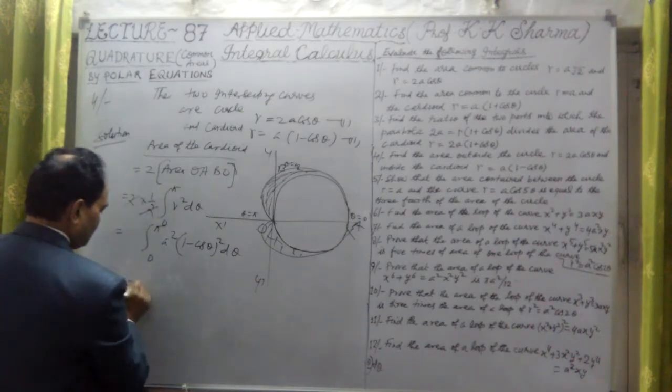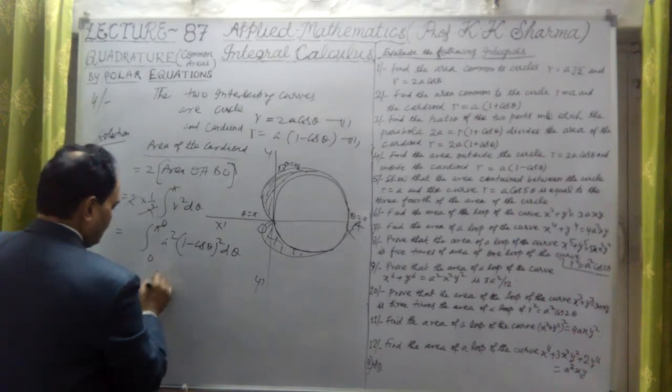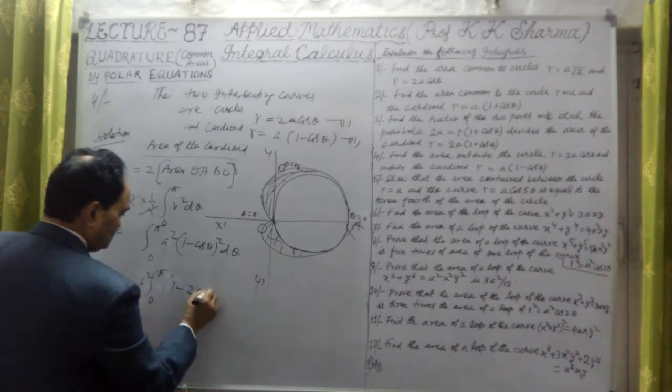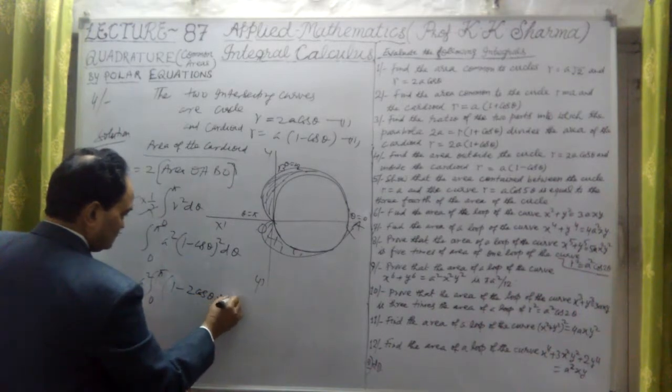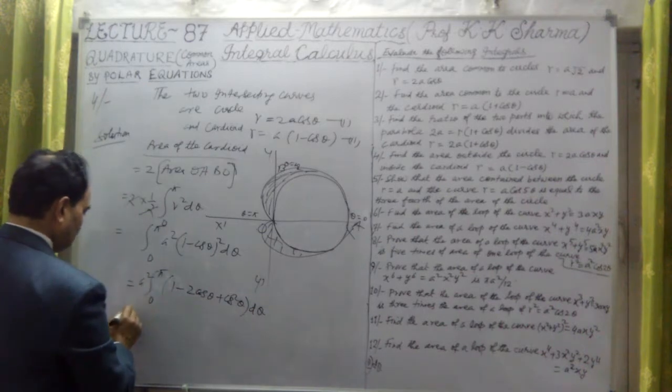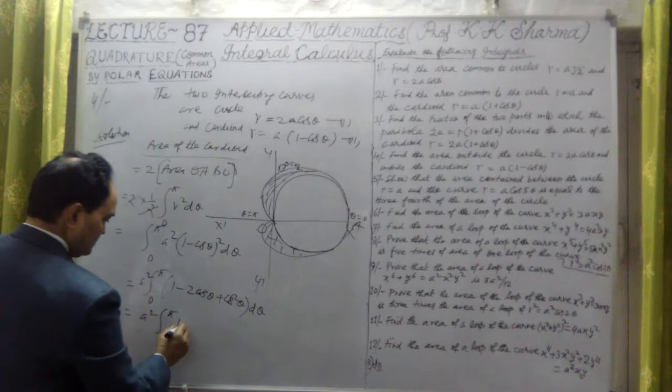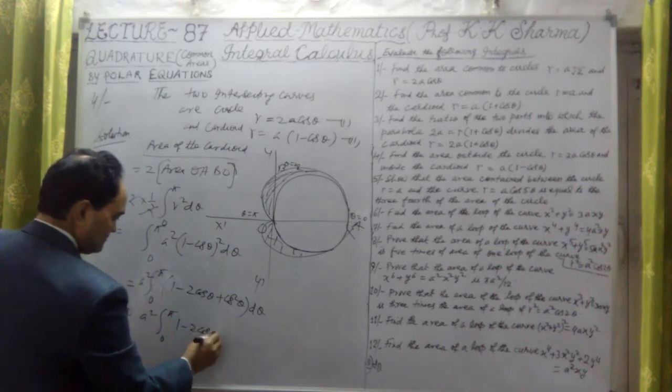This will give us, okay, let me open this. This is a square. Let me take outside 0 to pi here. Opening this is 1 minus 2 cos theta plus cos square theta into d theta. Again, this is a square 0 to pi, 1 minus 2 cos theta.